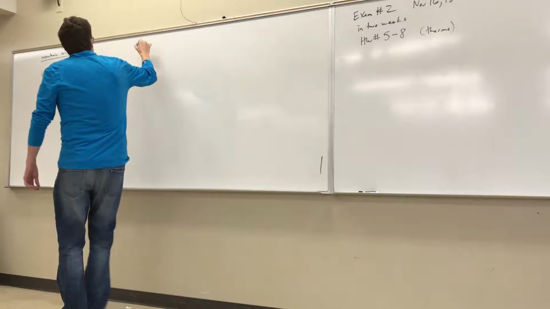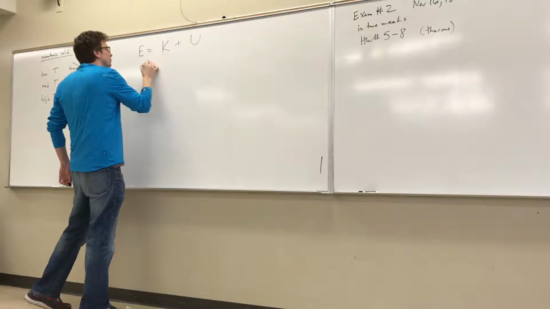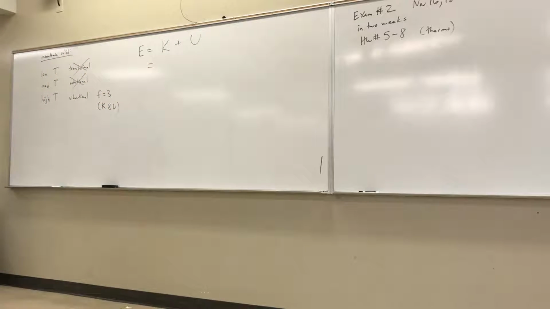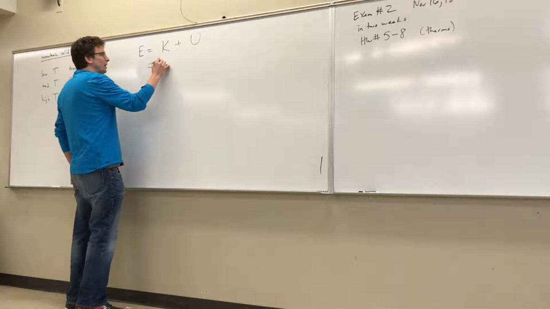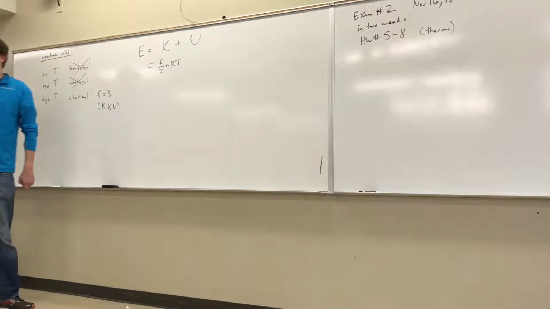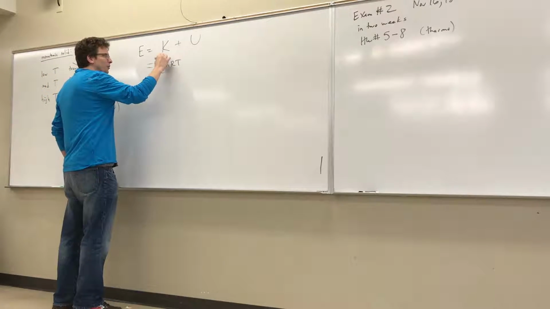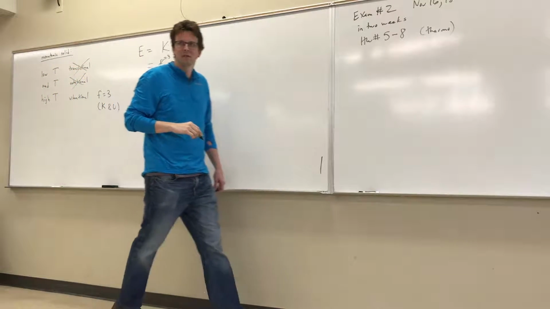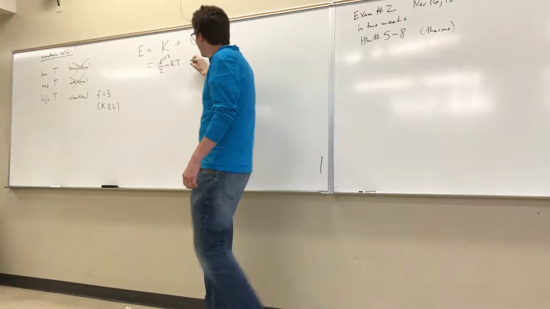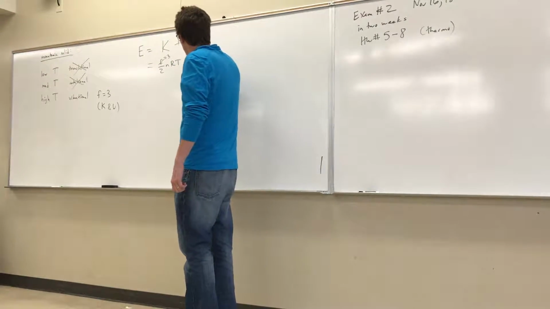So let's work out the energy. So what's the total energy contained here? So we have our equation here, which we've been using for kinetic energy. The degrees of freedom is 3. And then every single one of those has an associated potential energy.